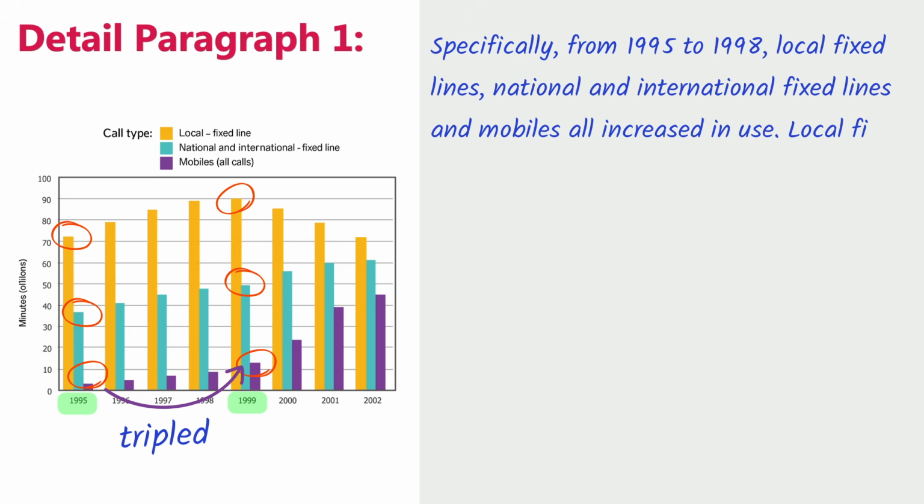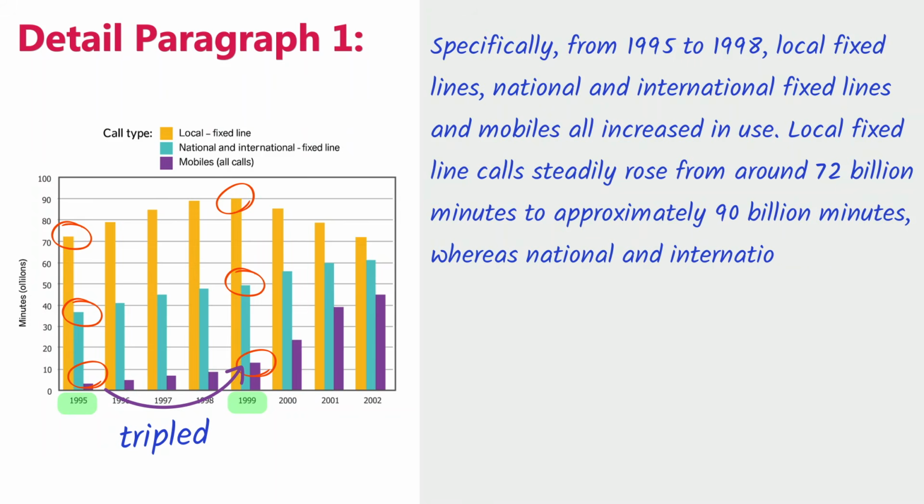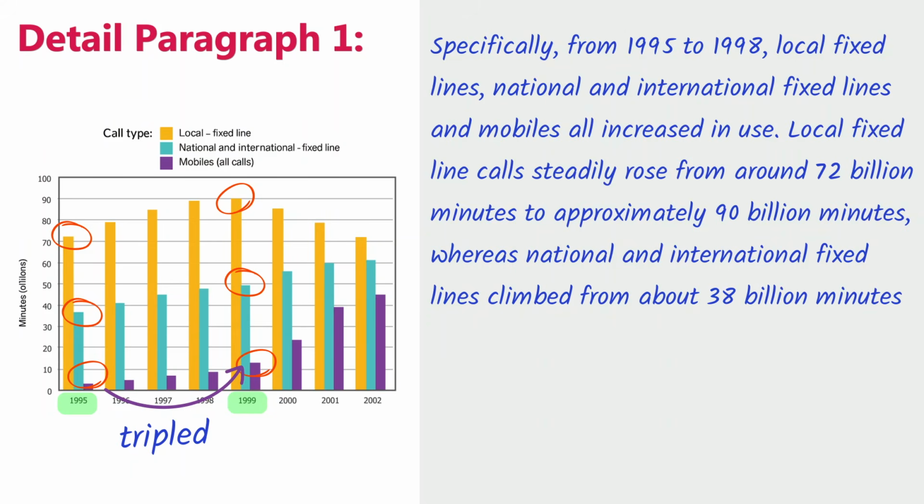So local fixed line calls steadily rose from around 72 billion minutes to approximately 90 billion minutes, whereas national and international fixed lines climbed from about, this is very important because it's not exactly 38, so we just assume that it is around 38 billion minutes, from about 38 billion minutes to nearly 48 billion minutes.